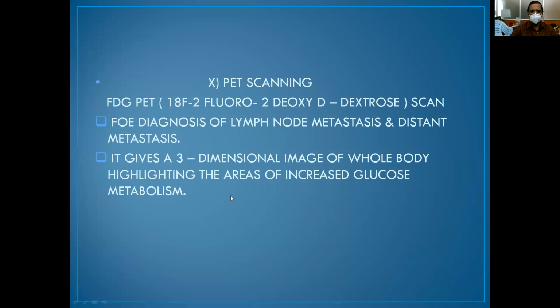Because when there are malignant cells, there is increased metabolism, which can be easily diagnosed by doing PET scan, that is positron emission tomographic scanning. So these are the investigations, radiological imaging of the liver.